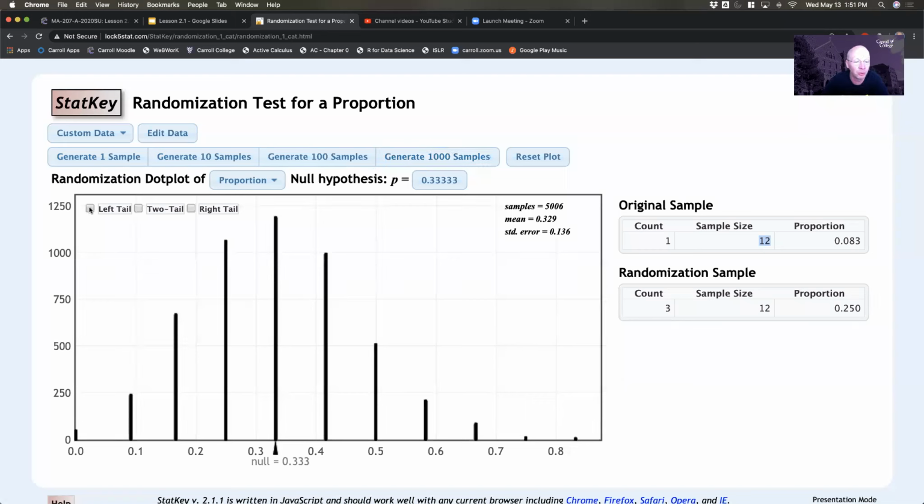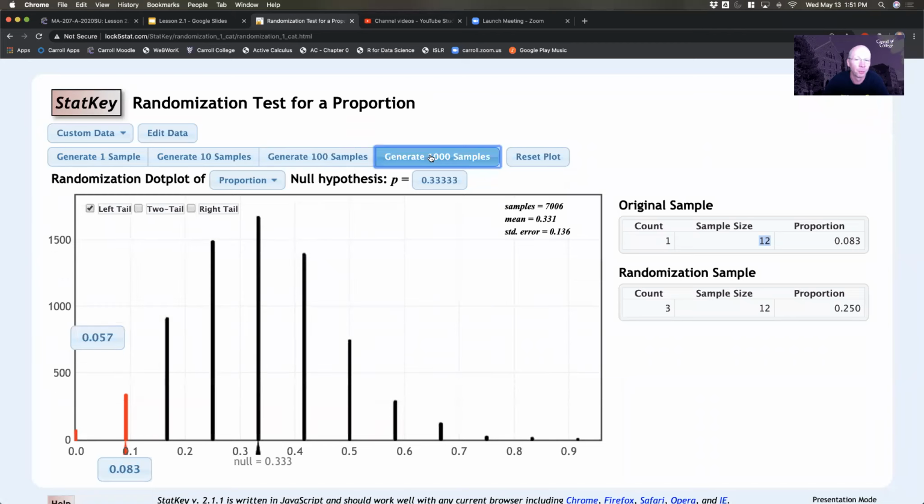Less means left. Well, let's see. My 8 point something percent, and I'm going to keep gathering samples here, under repeated random sampling, my 8.3% shows up about 5.4% of the time.